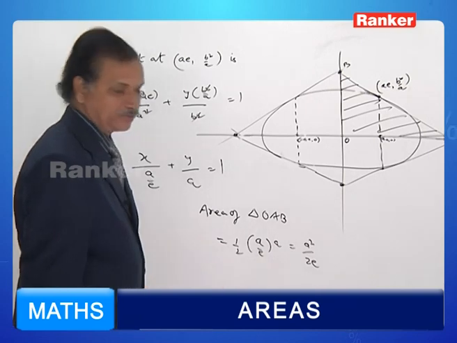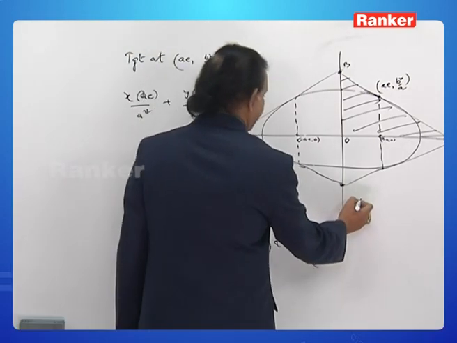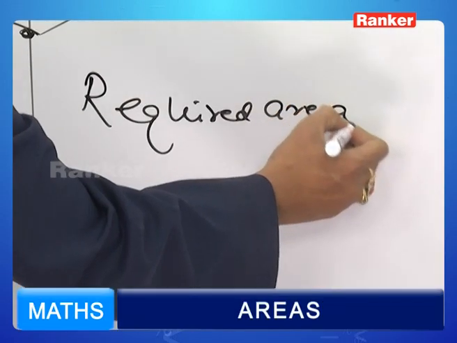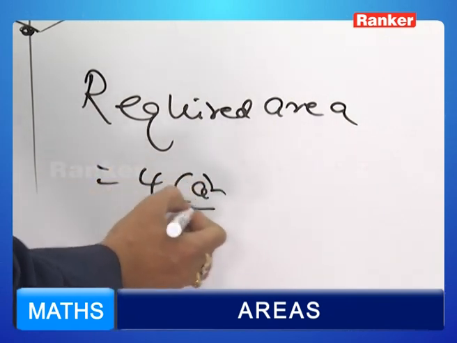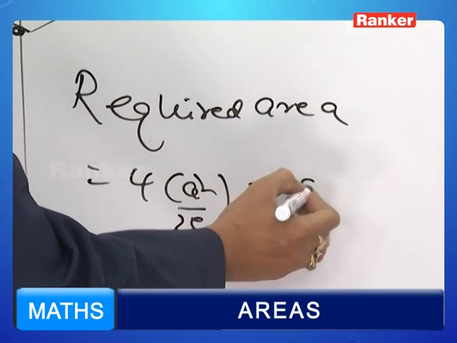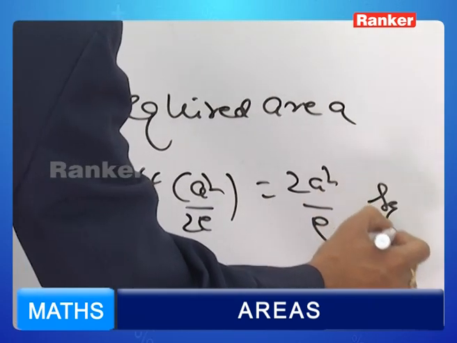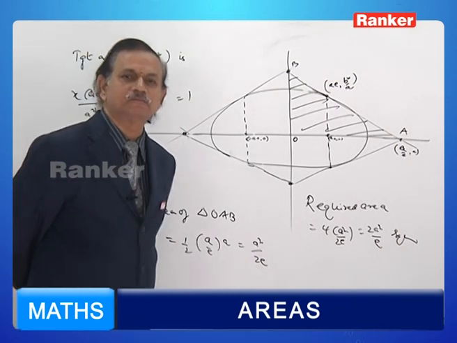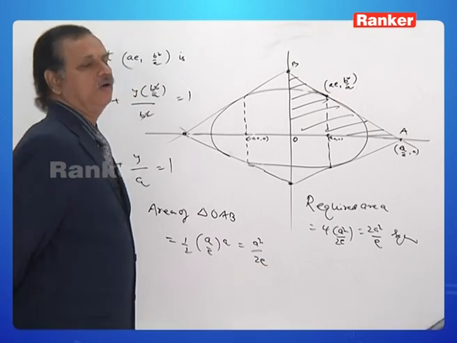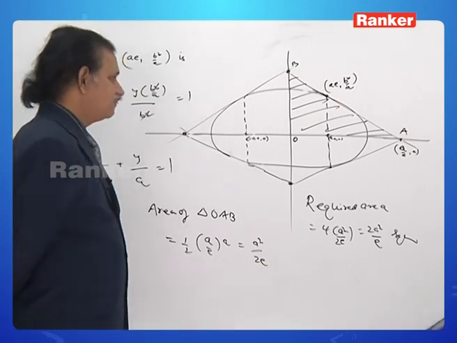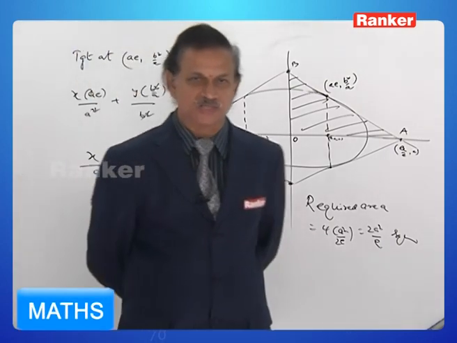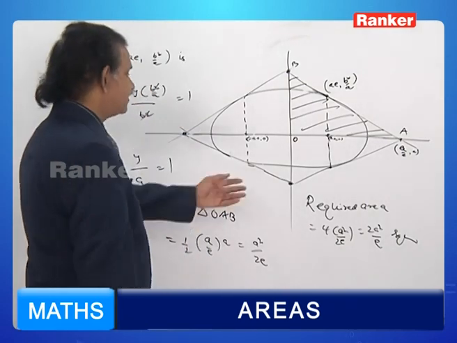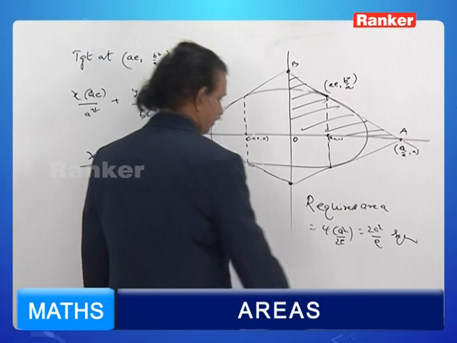But the total required area is 4 into a square by 2e, that is 2a square by e, so many square units. Okay, friend. Let us think of the reusability of this result. So, the required answer is 2a square by e, so many square units.